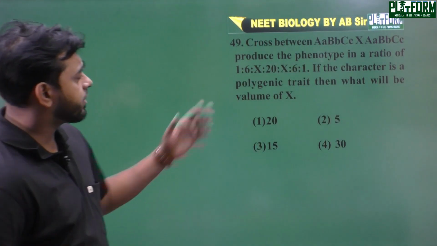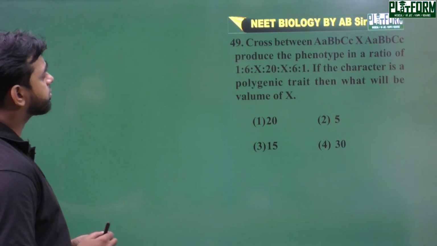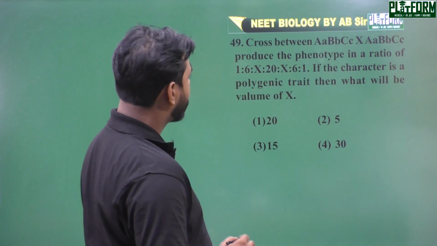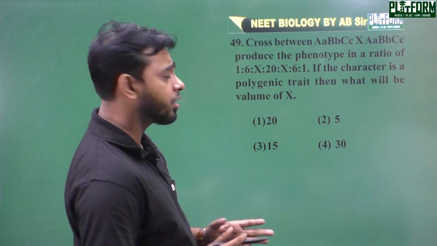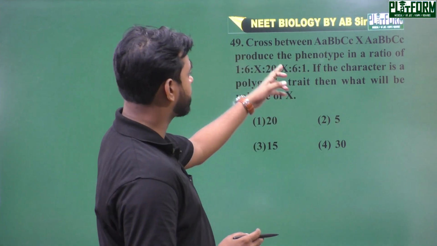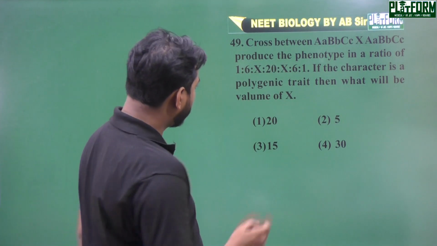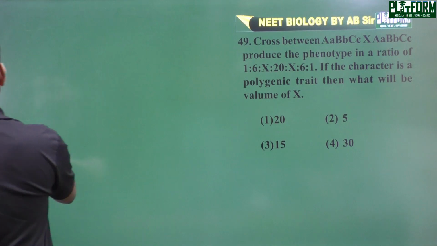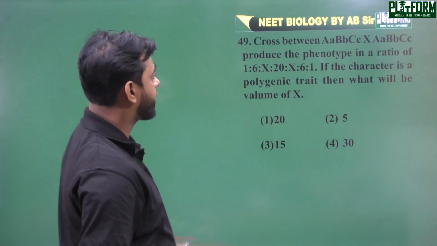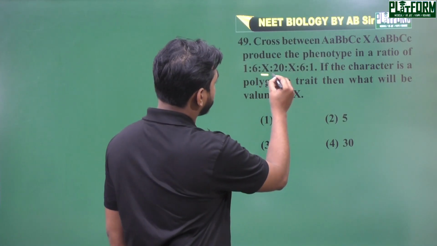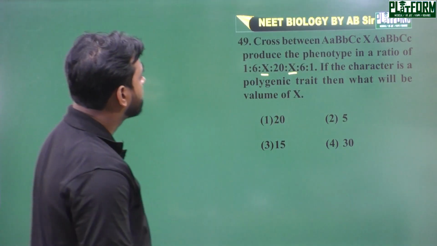So this is a very nice question. Here it is given that a cross between these two parents results in progenies showing this type of phenotypic ratio. It is asked that if this particular character is a polygenic trait, then what is the value of X?